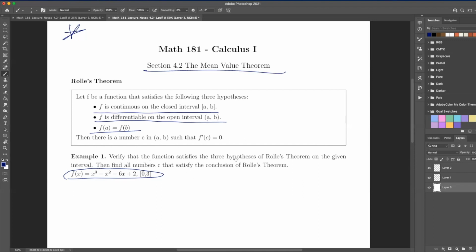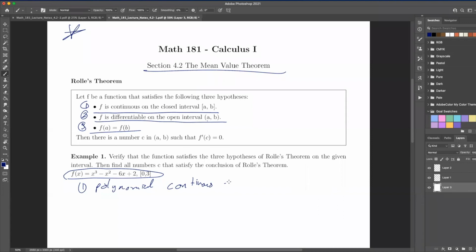So let's do this. Verify this function satisfies Rolle's theorem. Here is this function. This is a polynomial. I'm going to call this condition 1, condition 2, and condition 3. For condition 1, it's a polynomial, and polynomials are continuous in their domain.